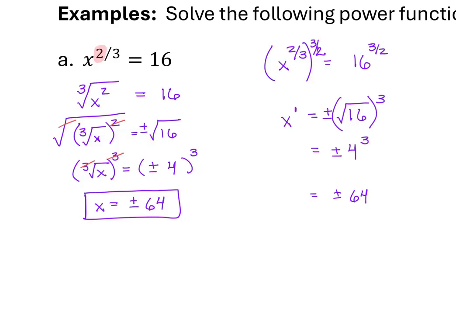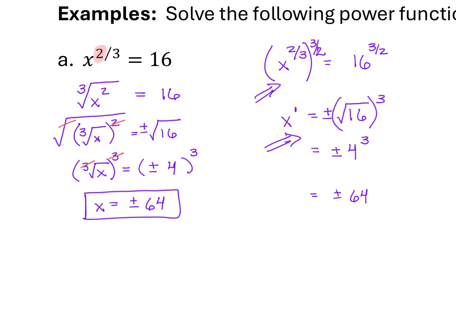I have a hard time when I'm doing this one. I do have a tendency to forget that I have to take the plus and minus. I am usually only used to doing plus and minus when I take the square root of both sides. And so that's one of the reasons that I do like doing this one based on the left side.